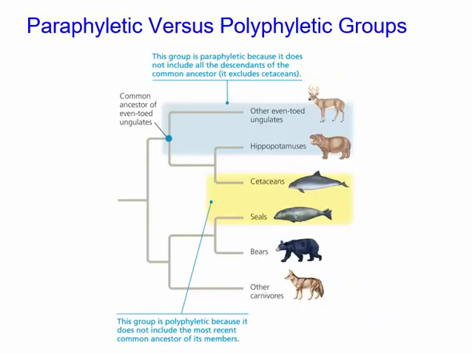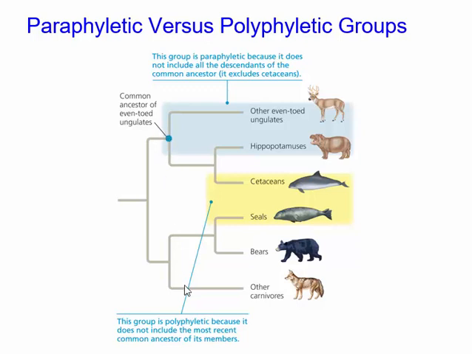Here are some specific examples of poly and paraphyletic groups. This is a paraphyletic group here, the hippopotamuses and other even-toed ungulates. To make this monophyletic, we really would need to include the cetaceans within this, and that would gray out this whole lineage here, including this ancestor.